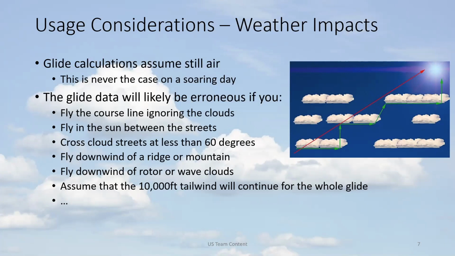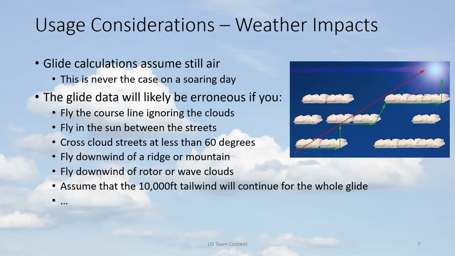Because if there's wind, there's going to be some sorts of streets, clouds lining up. If there are lines of hills, they're going to kick off lines of lift downwind of the hills.